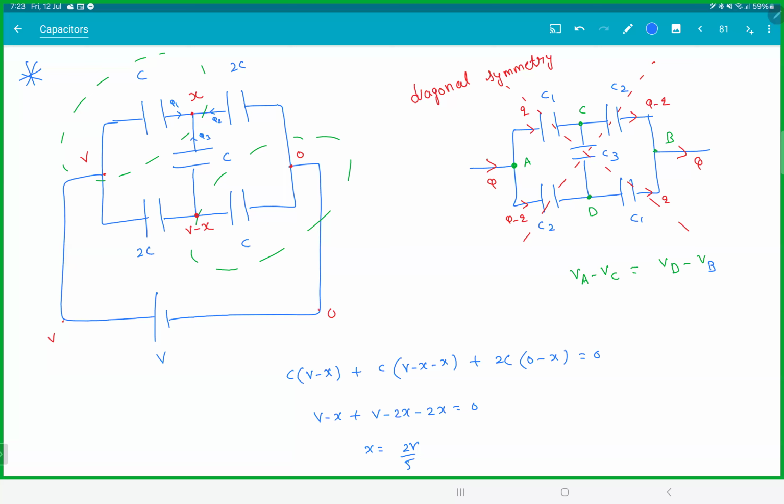Clear? So that is how you can use this nodal analysis, this junction law.